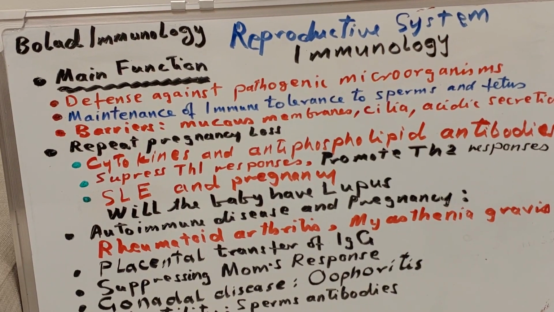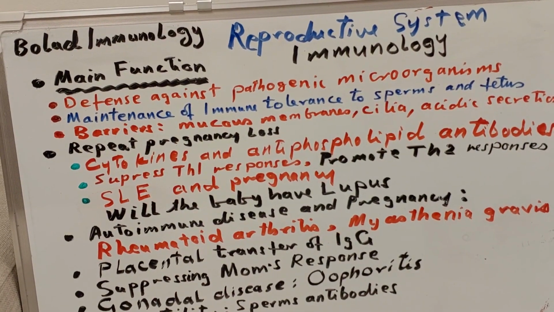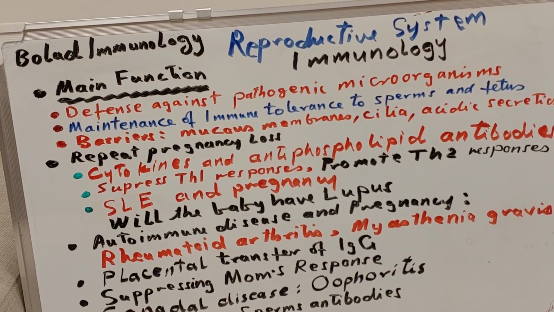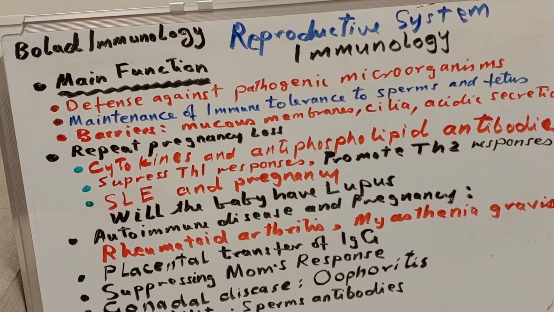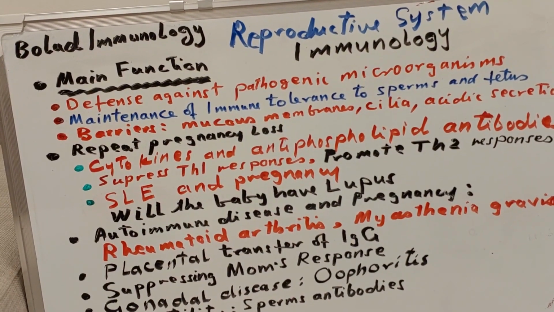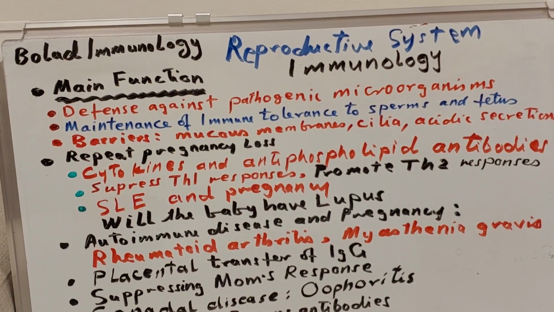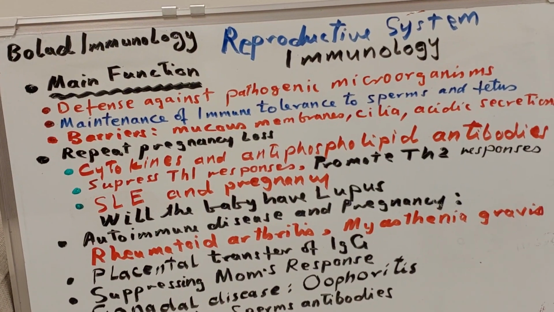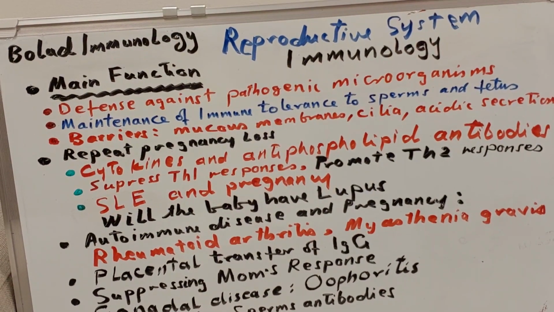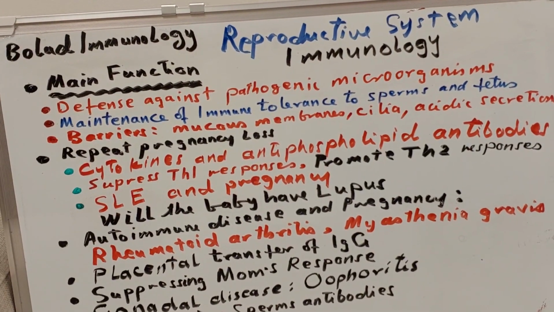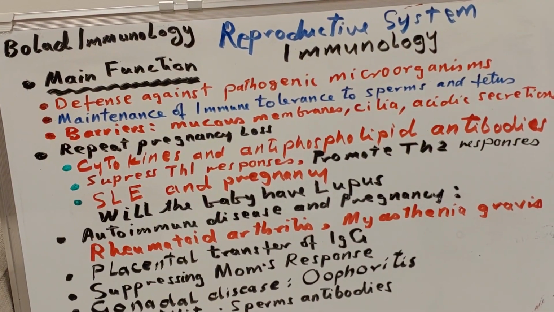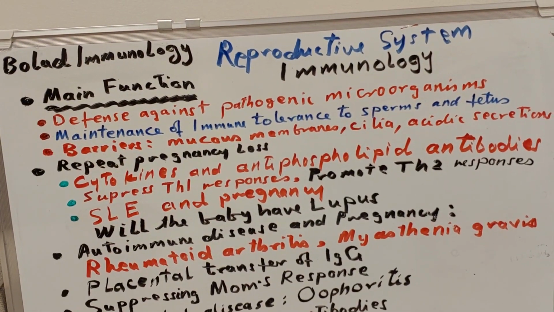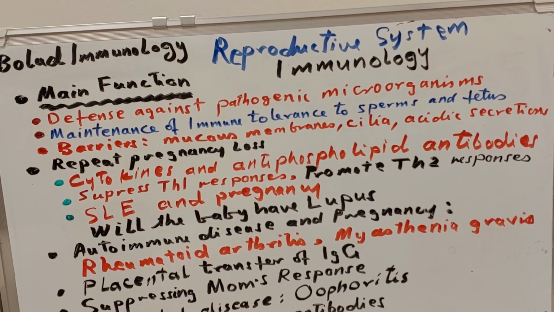In this video lecture, I'm going to talk about reproductive system immunology. As you know, the main function of the immune system in the reproductive system is to defend against pathogens and microbes within the male and female genital or reproductive system.